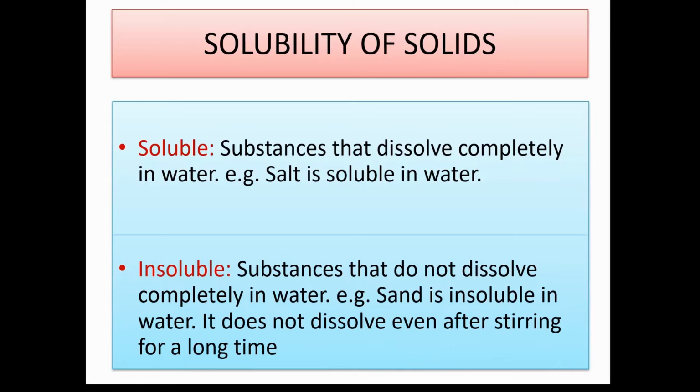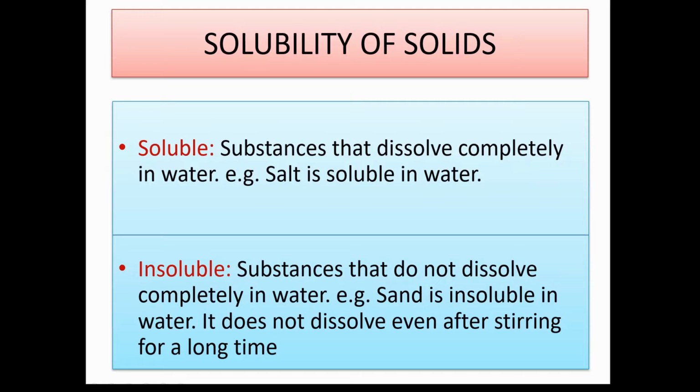Similarly, if that substance does not dissolve completely in water, then it is called an insoluble substance. Again, a reminder that when we are using the terms soluble and insoluble, the solute has to be in a solid form.